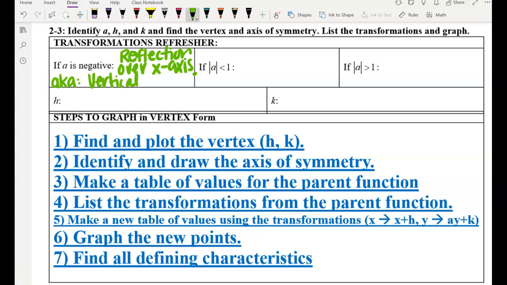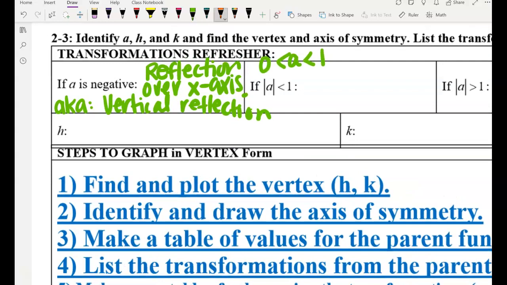Remember, this is called vertical reflection because if it's opening upward, it's now going to open downward. So that's folding up and down, so that's a vertical reflection, okay? Now, if your a value, as you can see here, absolute value of a is less than 1, that means it's in between 0 and 1, like a half or a quarter or 7/9, anything like that, okay?